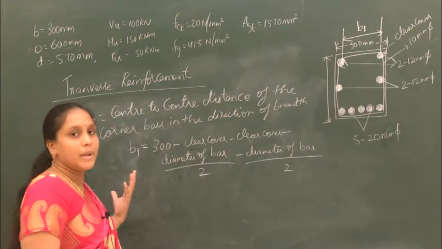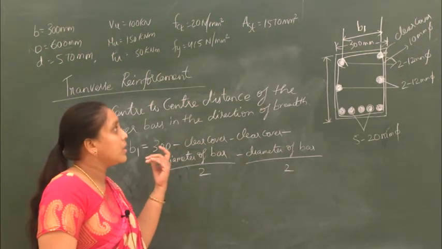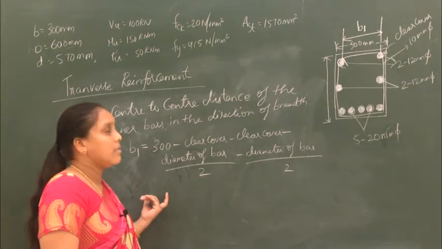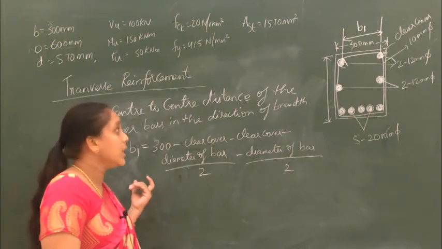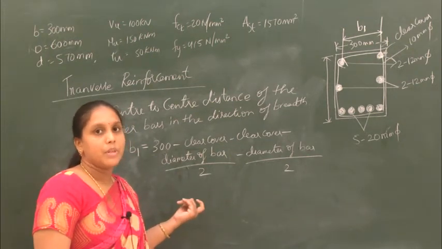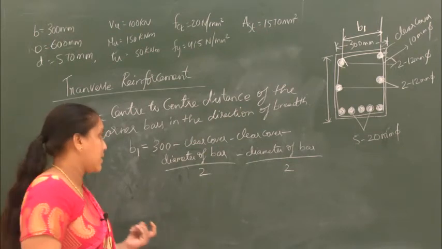So here I am assuming the clear cover to be 20 mm, because previously we already had an effective cover of 30 mm. Here I am assuming the clear cover to be 20 mm, that is, we are not including the diameter of the bar here.